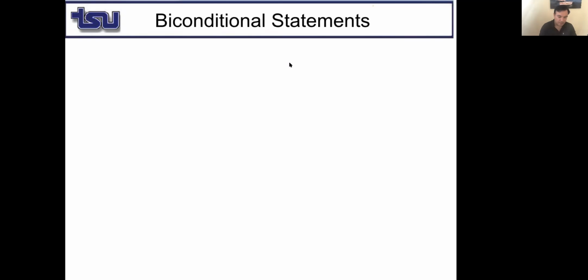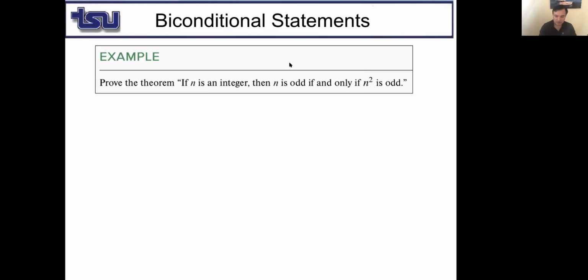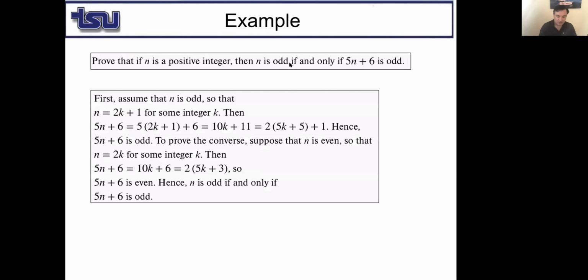Okay. Here is another example. n is odd if and only if 5n plus 6 is odd. So here, this is your P, if and only if, this is your Q. So what are you going to do? You are going to first assume that n is odd, and then you're going to show that 5n plus 6 is odd.